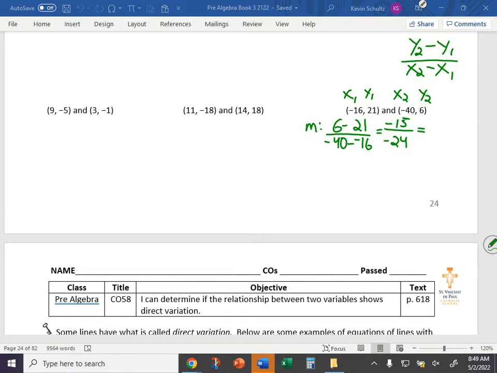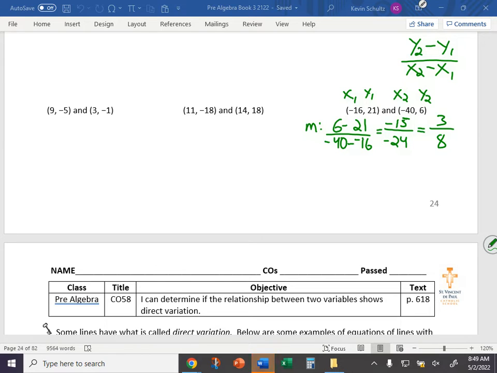And what does that fraction simplify to be, Abby? Negative 5 over negative 8. It should be a negative 3 over negative 8. But what happens to those negative signs? They cancel out. Okay? So it's going to be, oh, it is 5.